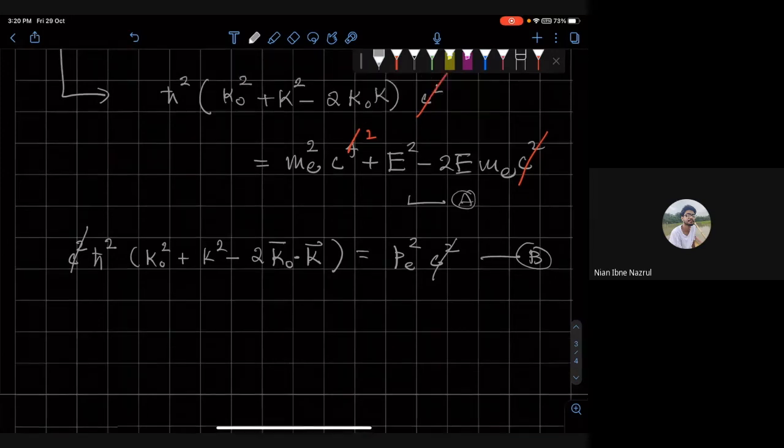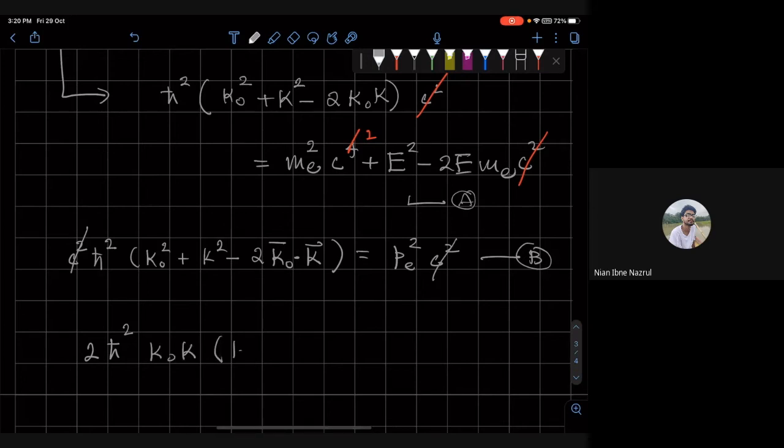On the left-hand side, I get 2 h bar squared k naught k times 1 minus cosine of theta. This cosine of theta comes from this term, right? So these guys will cancel these guys, right?